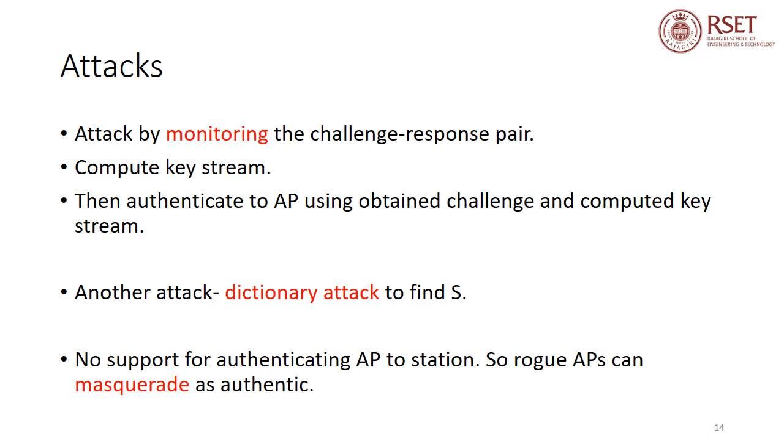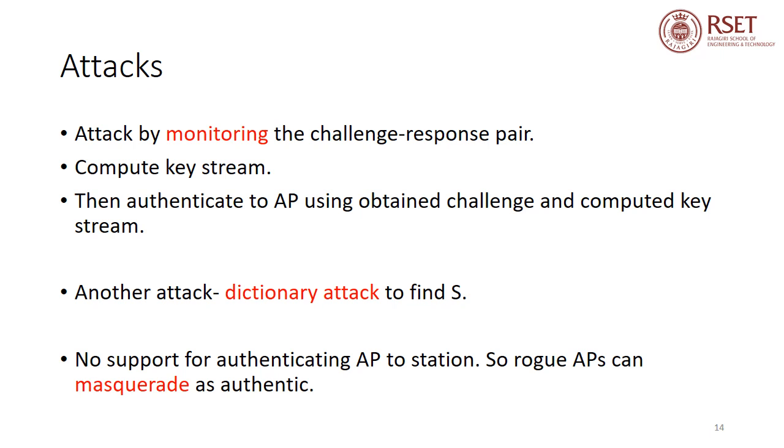Even the challenge response protocol that was introduced had its own disadvantages. Different kinds of attacks were possible. For example, attackers can monitor the challenge response pairs that are being sent between wireless stations and access points. By monitoring these pairs, they could compute the key stream being used between the access point and the wireless stations.